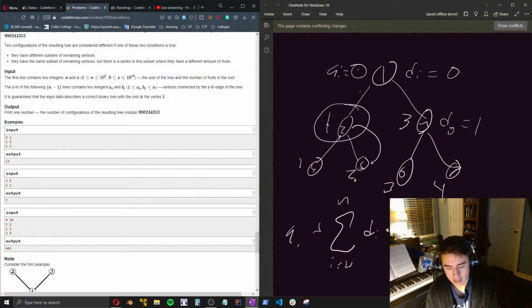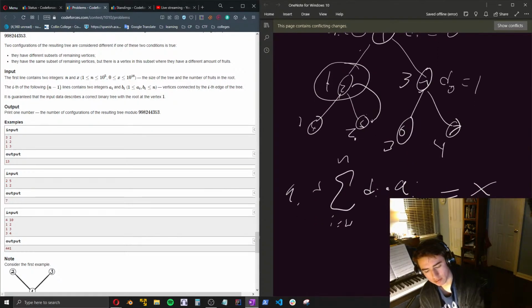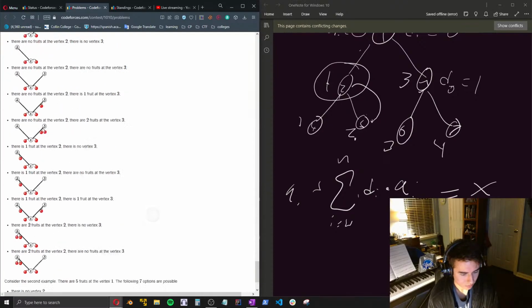Oh yeah, I think it's counting the number of ways to distribute fruits, if we think about it in the way I described. And then when you cut off a tree, you're cutting off some of these terms. You have to say how many solutions there are when you don't have these terms.